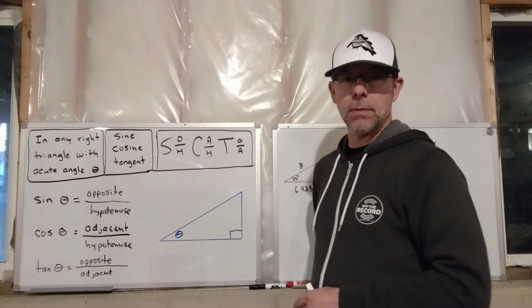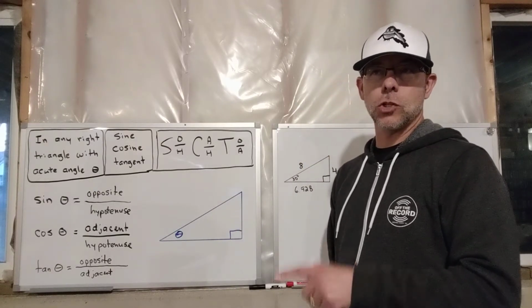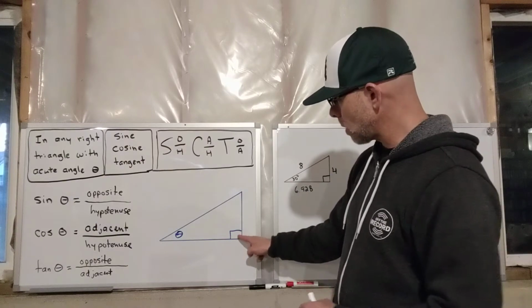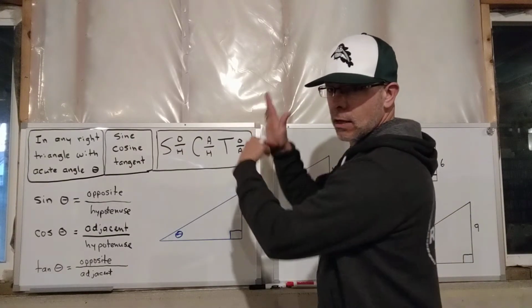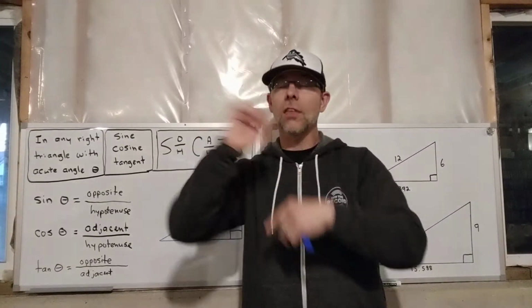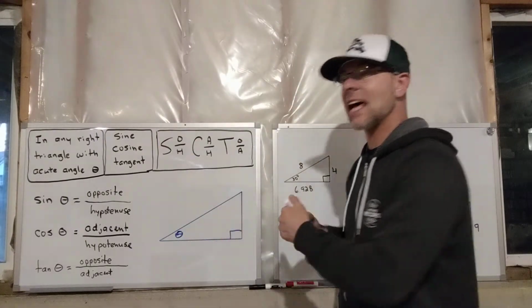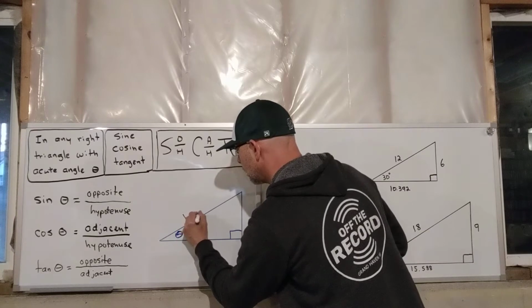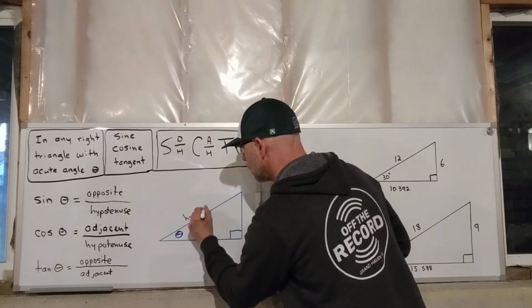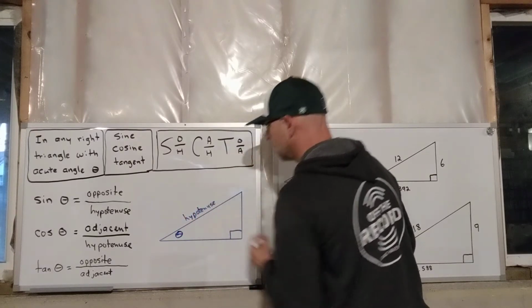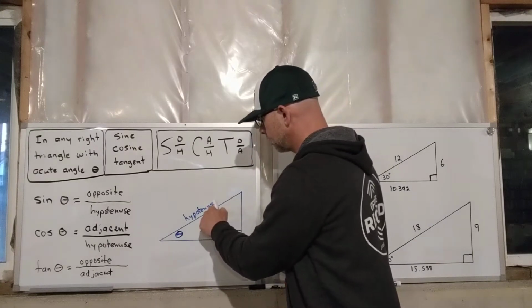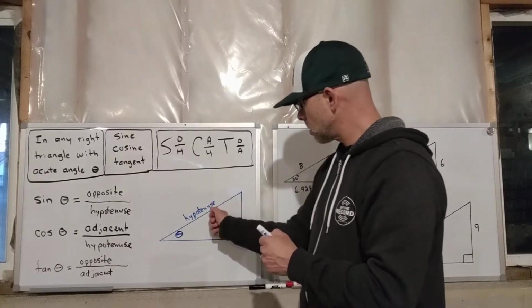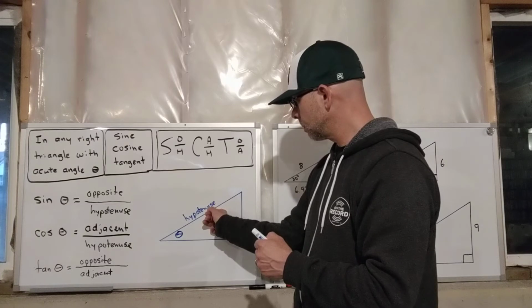It does happen to be the longest side in the triangle. So the right angle is right here, meaning two sides make the right angle. The third side across from it is the hypotenuse. That's this one. Okay, so there's our hypotenuse.